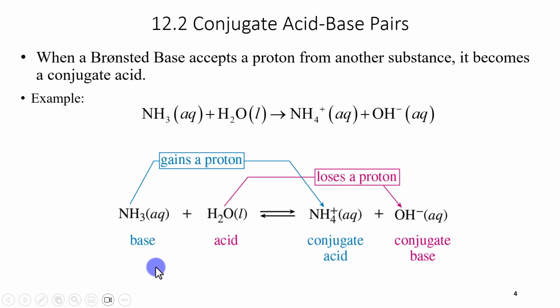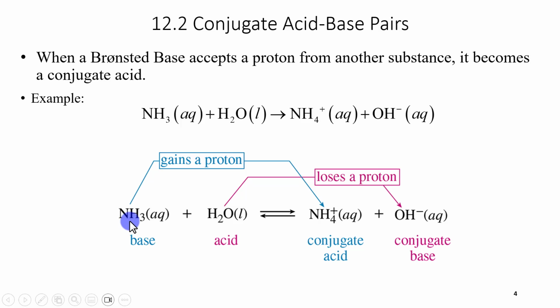Note how to easily tell, for the base here, what the conjugate acid is. It looks very much like the base. It's got an H plus extra. For the acid, it still has the OH. It's lost one of the hydrogens and a plus sign, but this is still part of the water. This isn't part of the NH3.